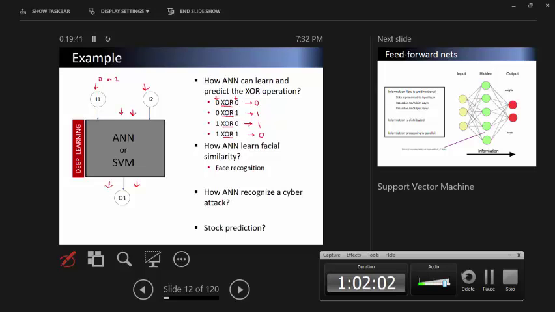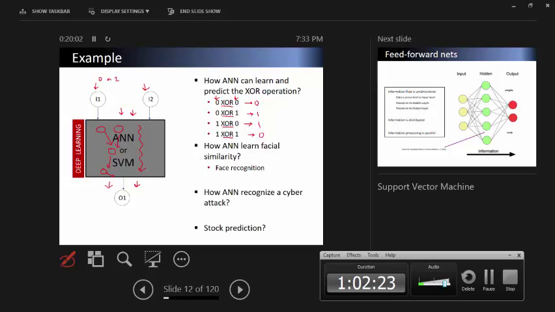And between this input and output, there's some long process. In other words, they have other nodes and other links, and another nodes and another links, and another nodes and another links.